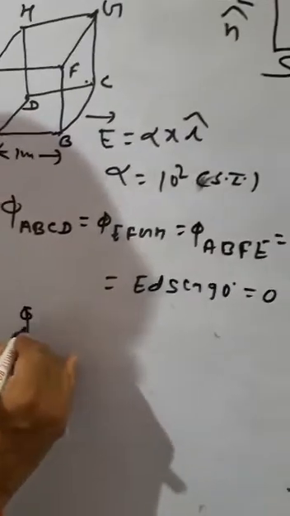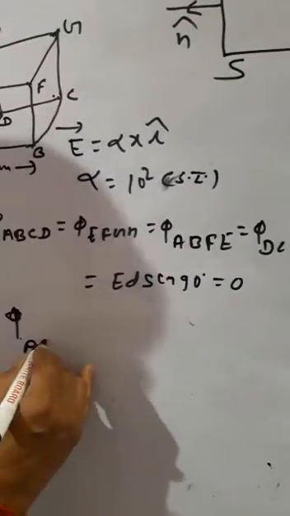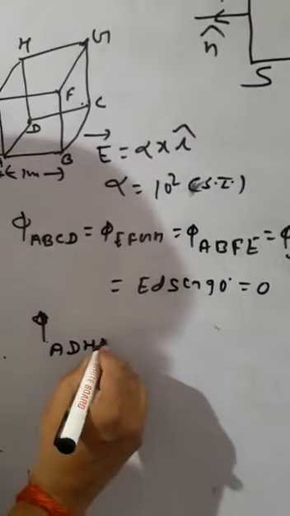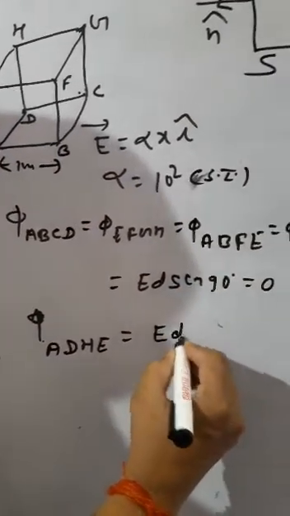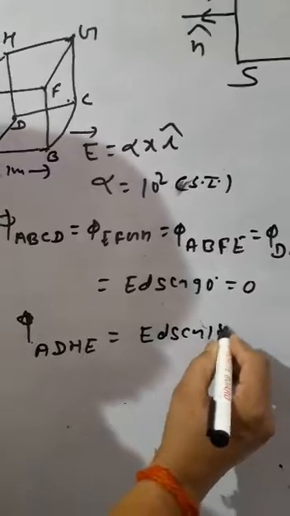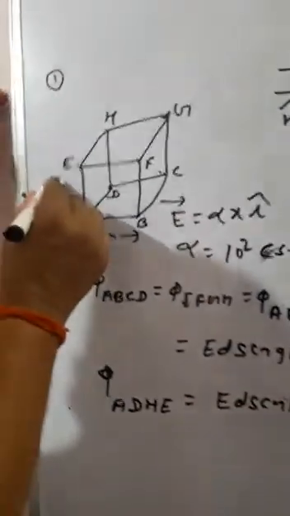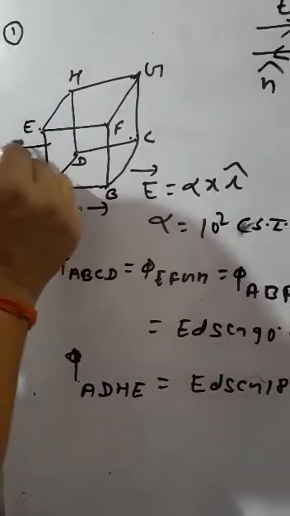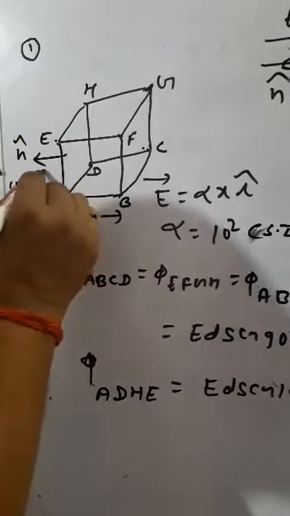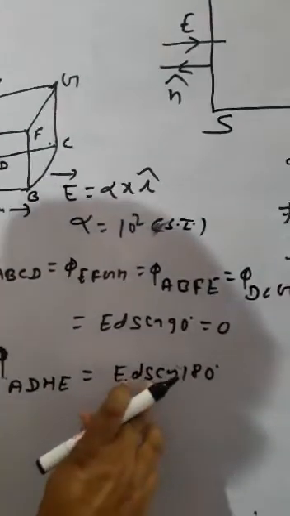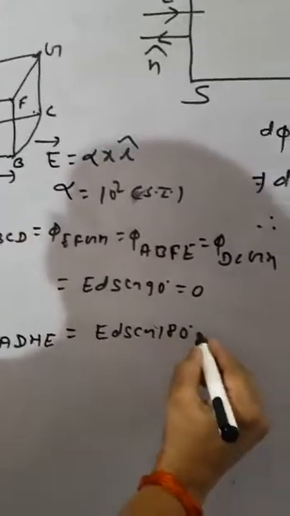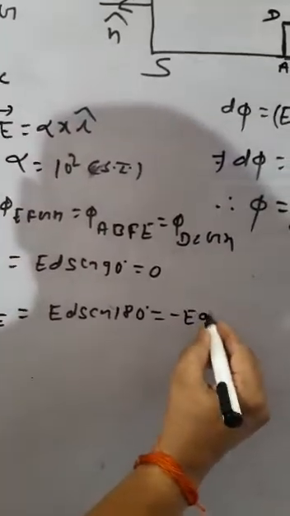And the flux linked to surface ADHE is equal to E dS cos 180 degrees. Since the angle between the outward normal and the applied electric field is 180 degrees, therefore E dS cos 180 equals minus E dS.